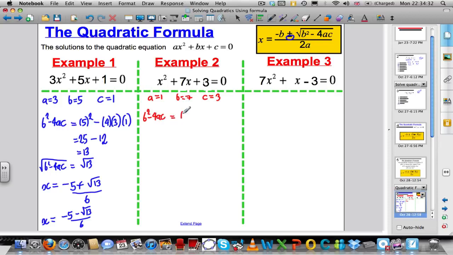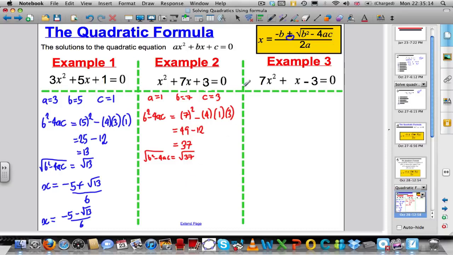Substitute using brackets: 7 squared, minus the 4 in brackets, a is 1, and c is 3. 7 squared is 49. 4 times 1 is 4. 4 times 3 is 12, so you've got to subtract 12. 49 take away 12 is 37. The last thing I'm going to do is square root it, so everything's ready to substitute in at the end. So the square root of b squared minus 4ac is simply the square root of 37.